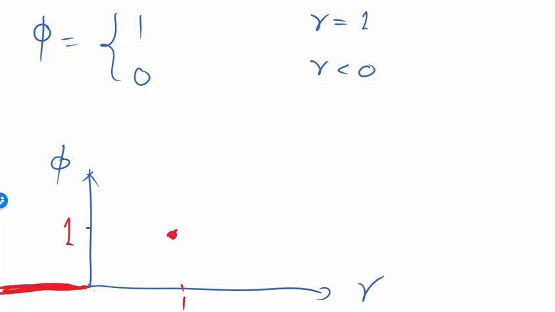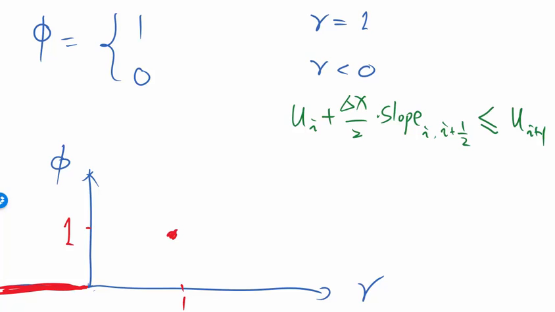Another constraint, as we said, is that the reconstruction cannot exceed the value at the next cell. So that means my reconstruction, which is ui plus half of delta x times the slope at i plus half, has to be less than or equal to ui plus 1.